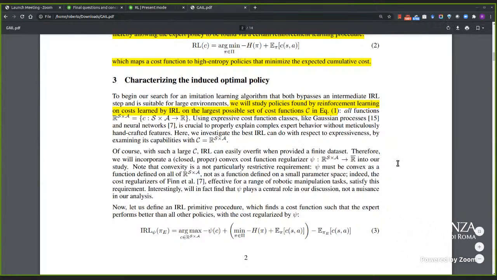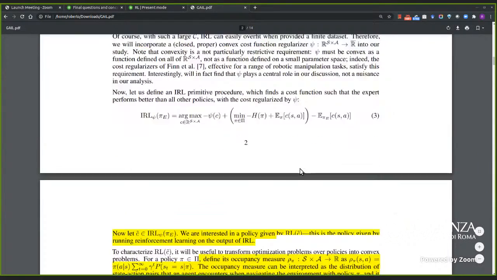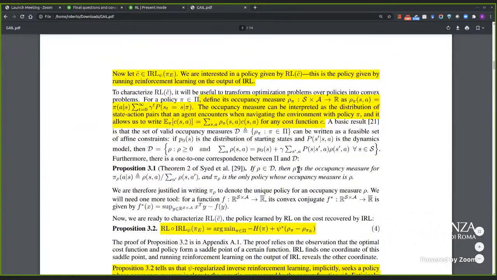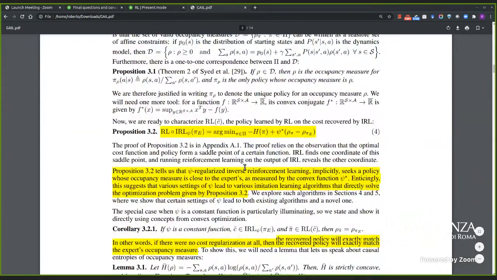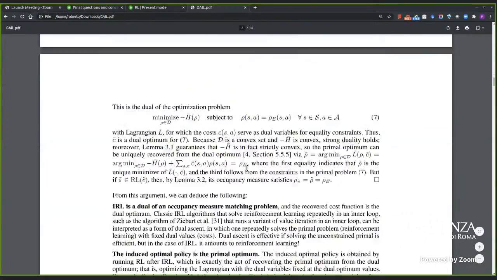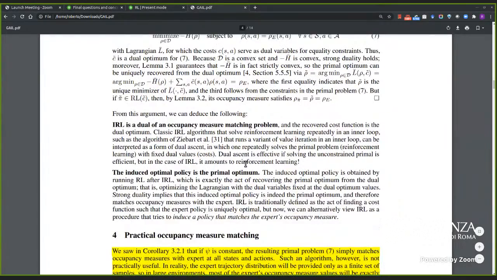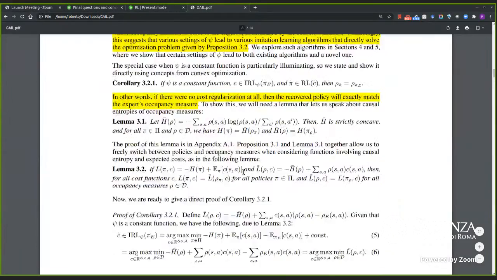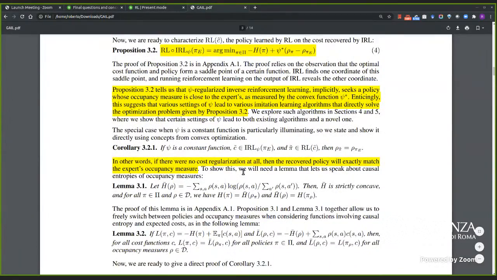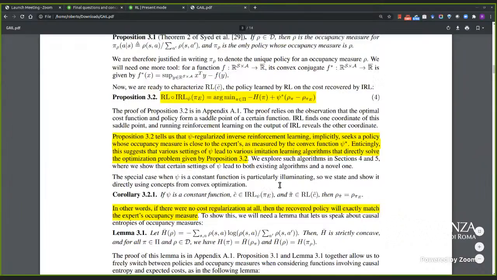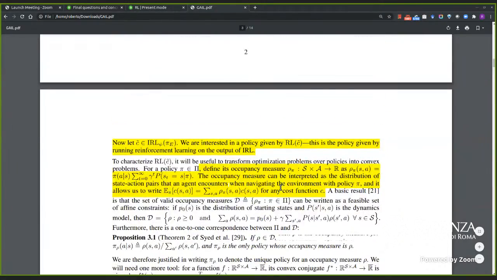This section is quite complex. There are a lot of propositions and proofs that we're not going through. You're very welcome to do that at home if you're interested. It's quite complex from a mathematical perspective, but it should be understandable.